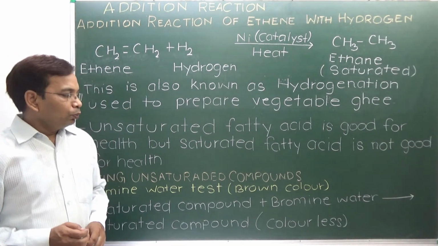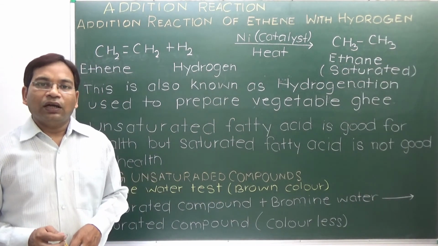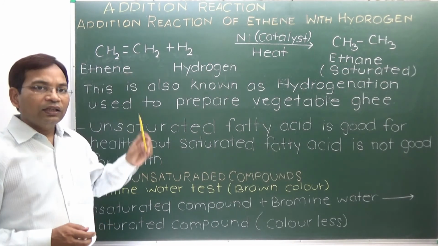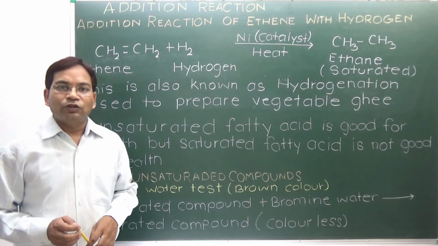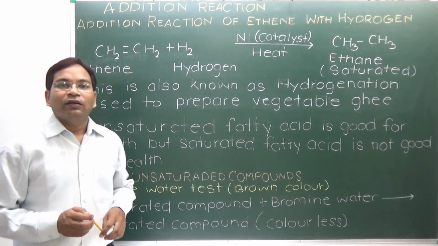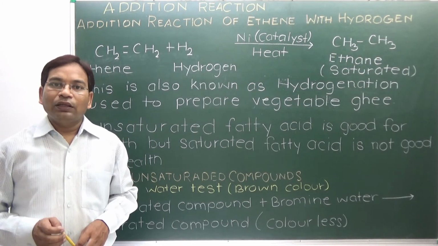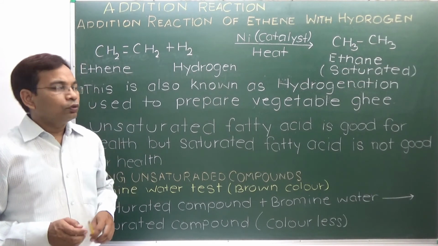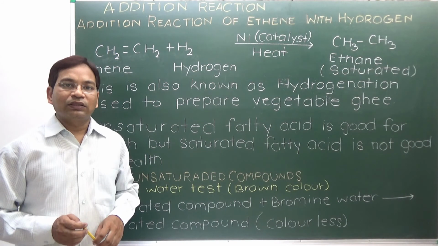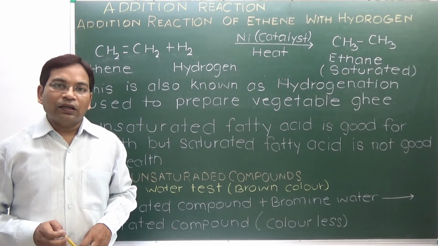When bromine water, which is brown in color, is treated with unsaturated compounds like a long chain fatty acid containing a carbon-carbon double bond, the bromine reacts with the carbon-carbon double bond and forms a saturated compound. After reaction, the bromine is used to break the double bond and form bonds with the carbon atoms. It results in a colorless product.